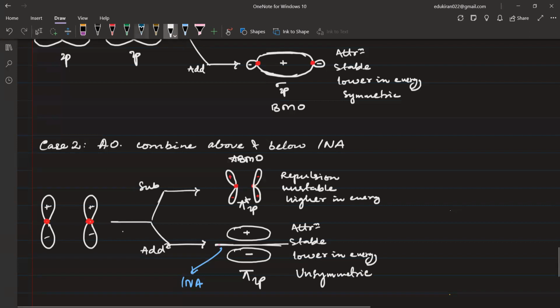Okay, but if you look here, if you are looking from here, this has a negative sign this side, this has a negative sign this side, this has a positive sign this side, this has a positive sign this side. Okay, so it is completely symmetrical. It is completely symmetrical from the center here.